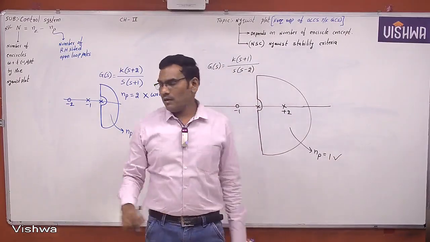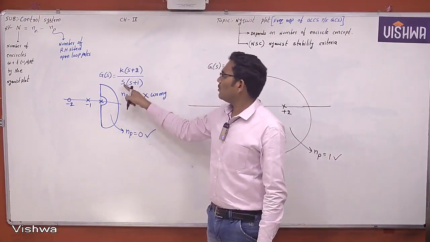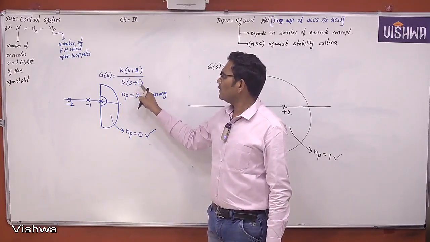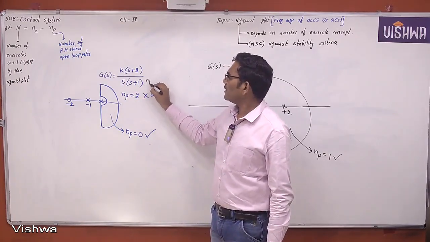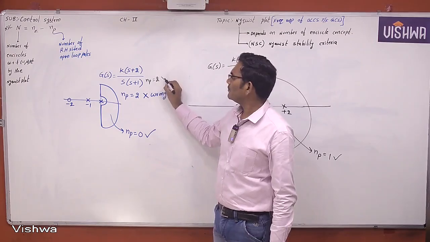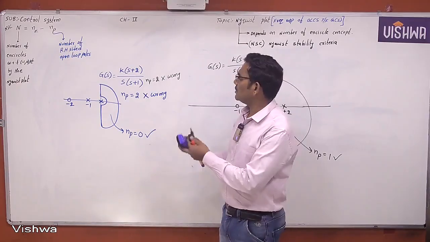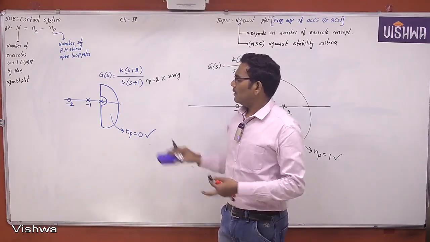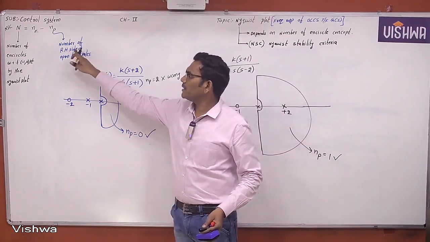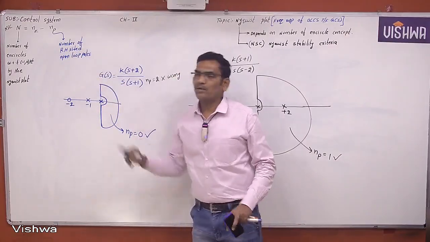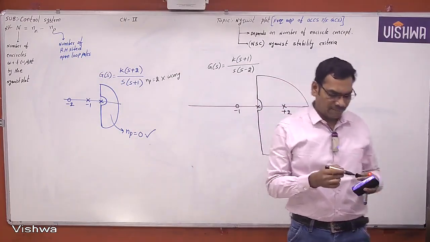Understand or not? Now NP is 2 because you are counting 1 and 2. This is the wrong way. If you take NP as 2 here, this is wrong. NP is 0 in the earlier case. This is correct. Okay. So NP does not mean the total number of poles. NP means the number of right hand sided open loop poles. Okay. Note down this.